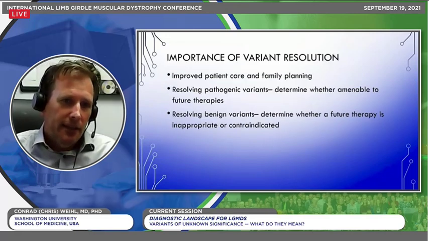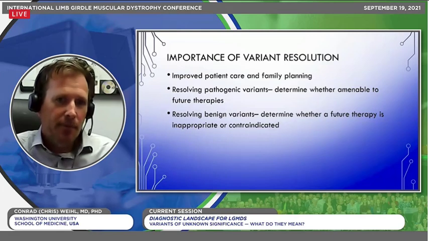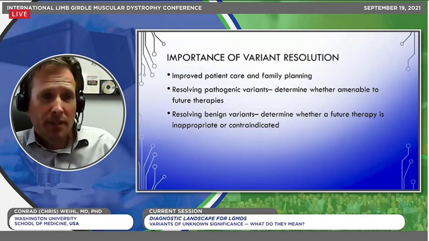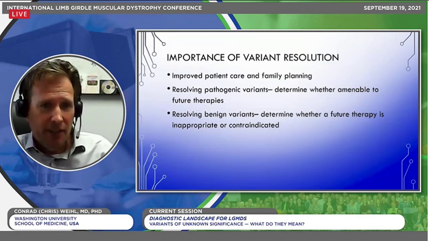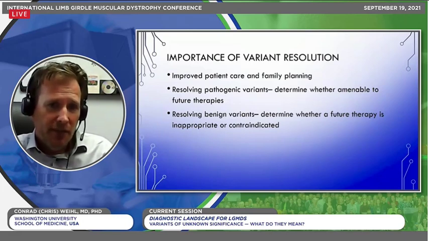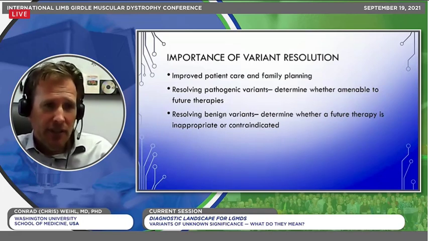Again, the same thing being said in a different way. We want to resolve variants because we want to resolve pathogenic variants to determine if people are amenable to therapies, but we also want to resolve the ones that aren't pathogenic, benign variants, because we want to make sure that a future therapy is not potentially contraindicated.